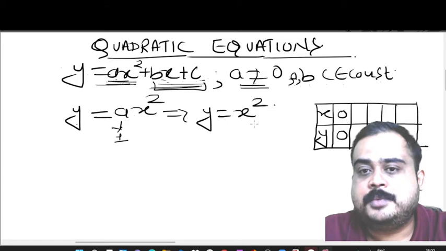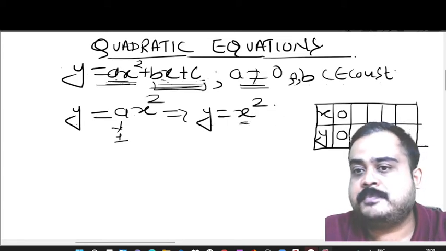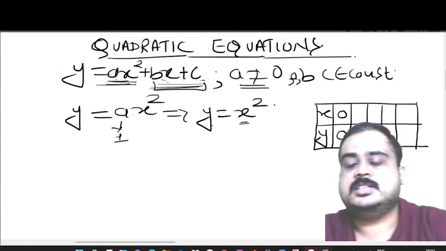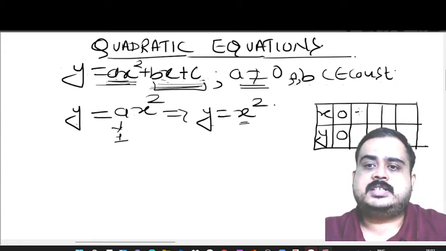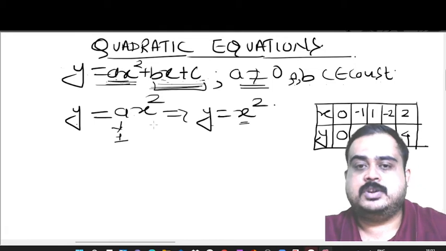That is, I am putting x equal to 0 over here, so y is coming out to be 0. Now x equal to minus 1, so y is equal to minus 1 square, so it is 1. x equal to 1, y is again 1. x equal to minus 2, y is 4. And x equal to 2, y is again 4.